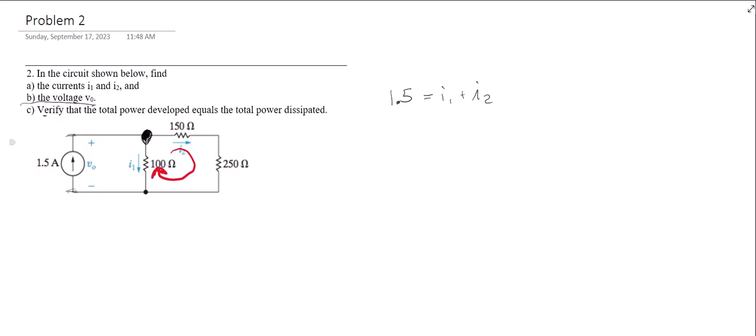Now, I want to make sure that I'm going around the loop in the same direction every time, and so I'm looking at the change in voltage across each element as I'm going around this loop.